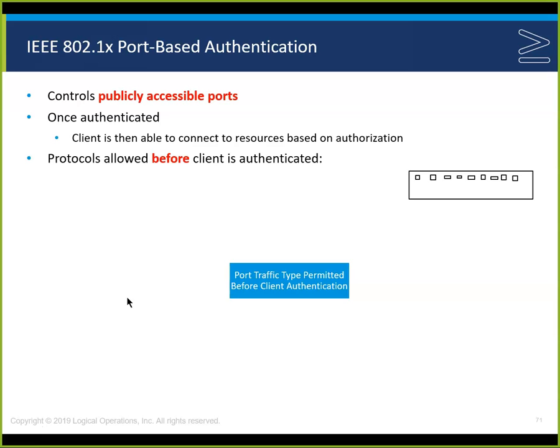So what's going to happen before anything happens? Protocols allowed before it's authenticated, but let's go back before that. Let's say that we just turned the computer on. The port is going to be in what's called the unauthenticated state, which means it's basically down.